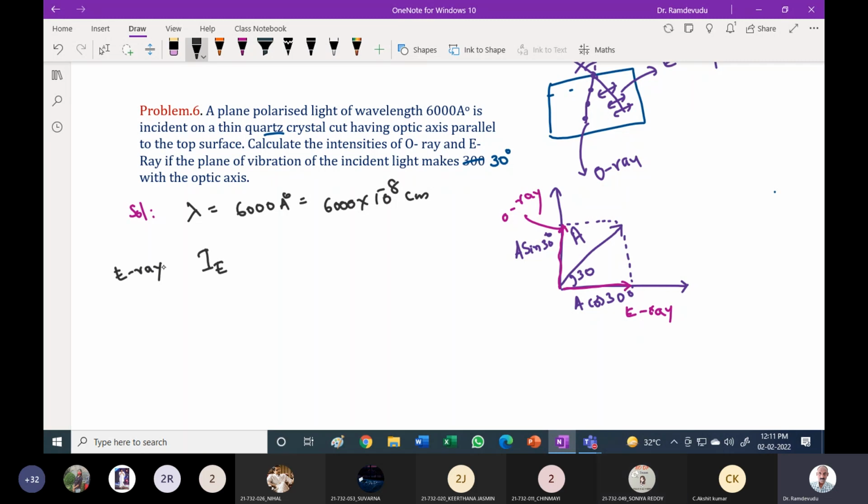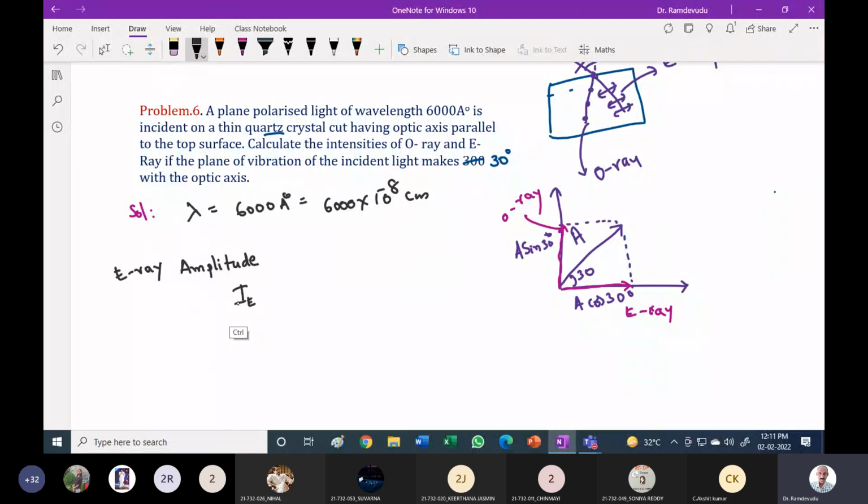Before calculating the E ray intensity, I'll calculate the amplitude, and then if I square it, I will get the value of the intensity. So I want to calculate the E ray amplitude first.